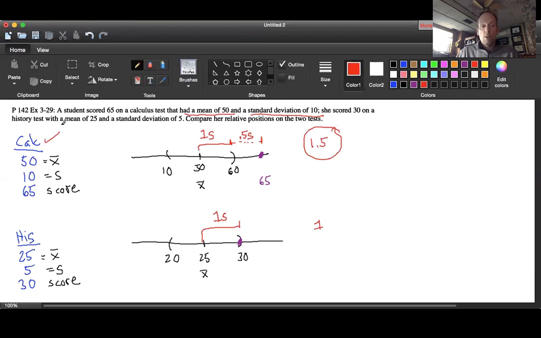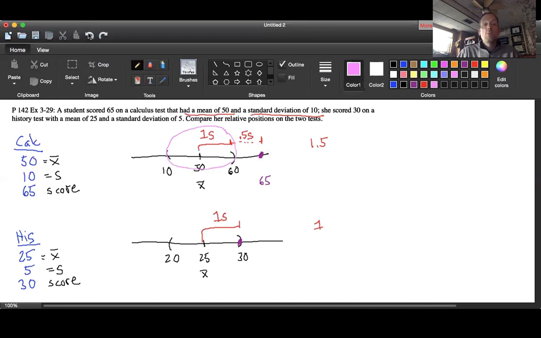Now, how do we know that? What made that work? Let's go back for just a second. If we're looking at the calculus situation, we take a look at all the people that scored within 1 range of the average, and want to know, did our student beat all those people? Absolutely they did. They're all the way out here. So they pulled very far ahead of that pack of all those who scored within 1 standard deviation of the mean.